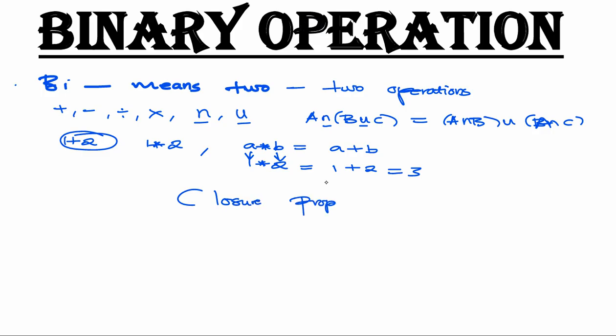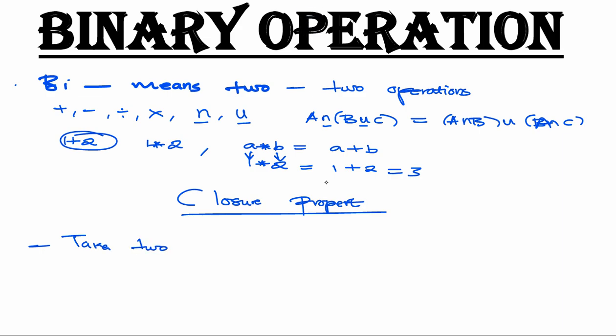The closure property talks about a binary operation where we take two numbers from a set. Let me even state this.